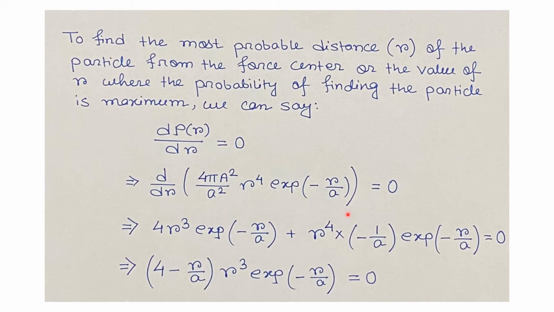If we do the derivative, we get 4r³ exp(-r/a) + r⁴ times (-1/a) exp(-r/a) equals 0. With a little rearrangement, we get (4 - r/a) r³ exp(-r/a) equals 0.